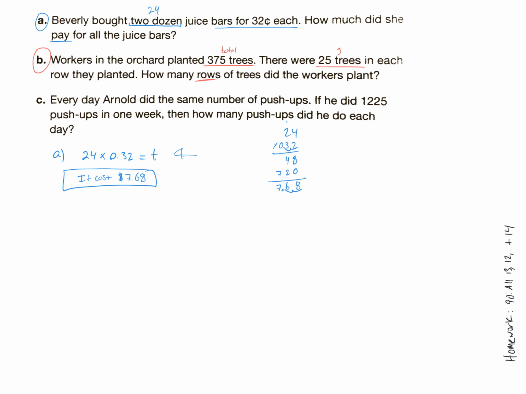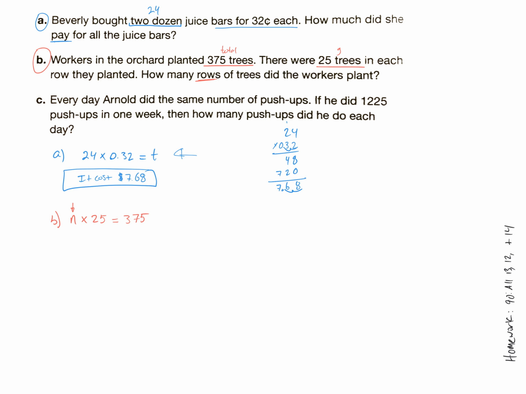Now it wants to know how many rows. For part B, I'm going to say n times 25, the number in each group, equals 375 because that's our total. And we're looking for this n, how many rows there were.